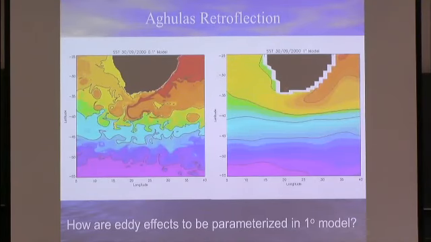The reason for that is that in the ocean, the Rossby radius of deformation is much, much smaller than in the atmosphere. The ocean varies in its density from the surface to the bottom by about 3 or 4 parts per thousand. Whereas in the atmosphere, the density changes a lot more radically as you go up.